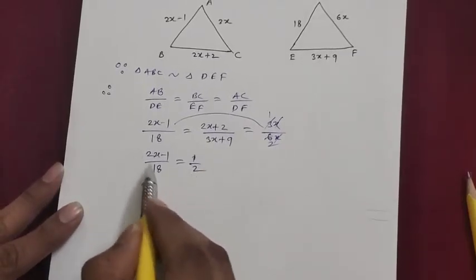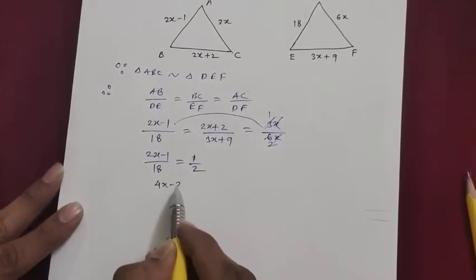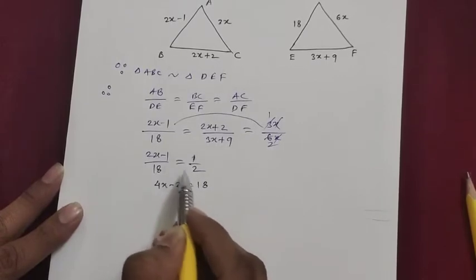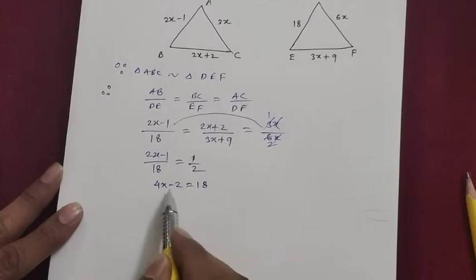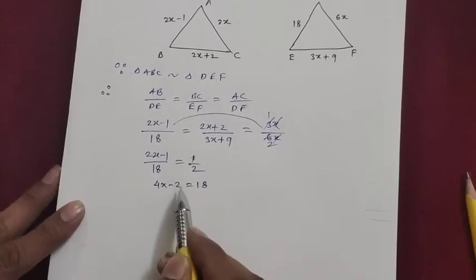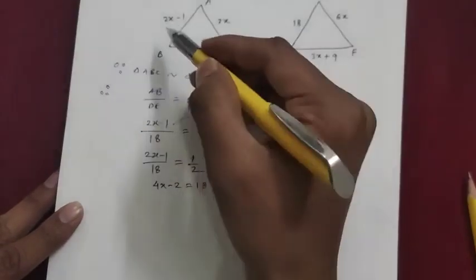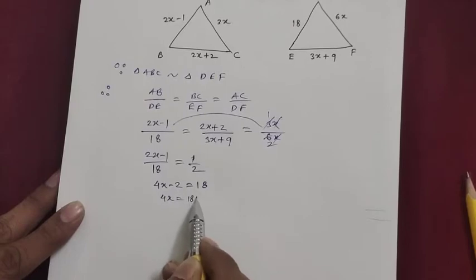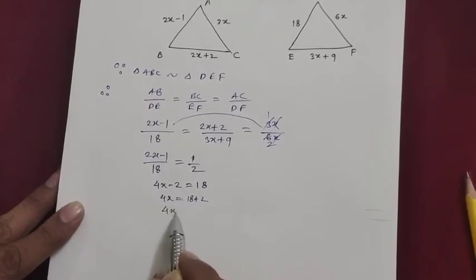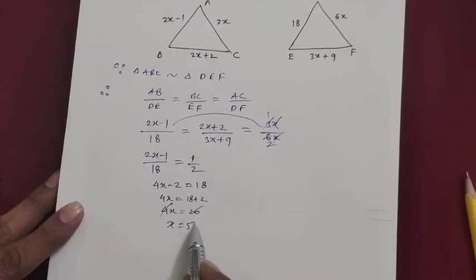After cross multiplying, we will get 4x minus 2 equals 18, and since we are asked to find the values of these lengths, we just need to calculate this x. So 4x equals 18 plus 2, so 4x equals 20, and the value of x is 5.